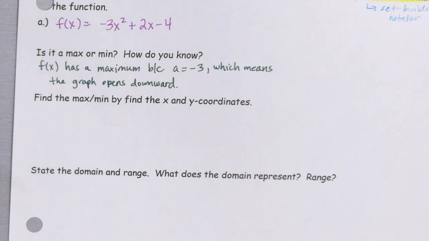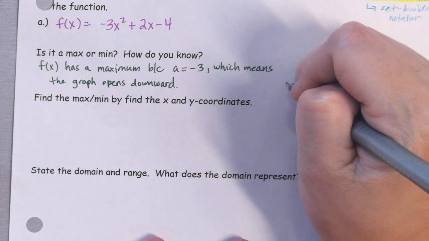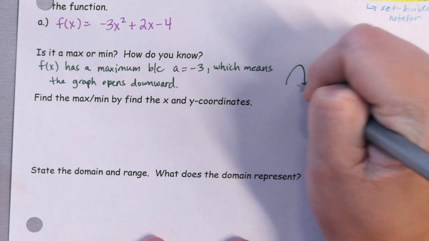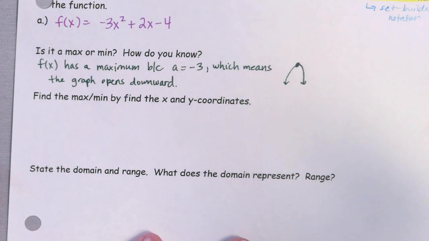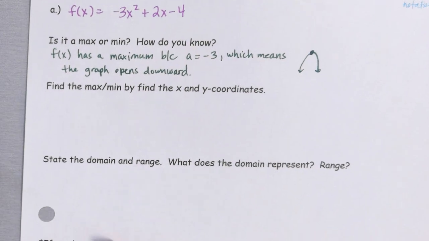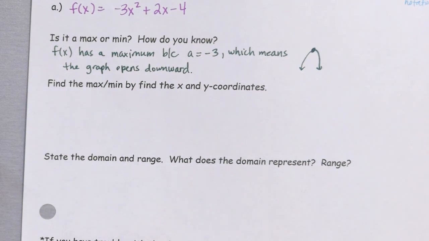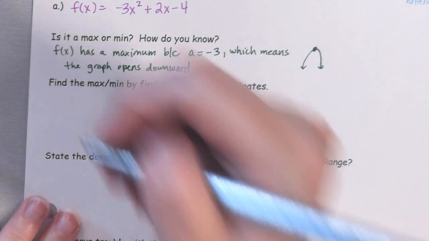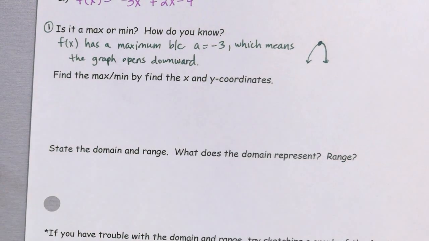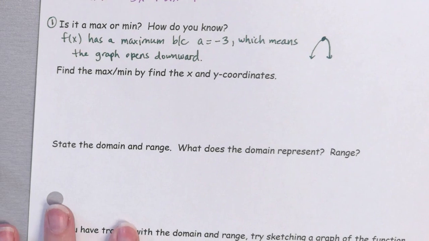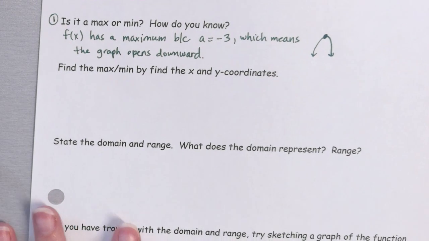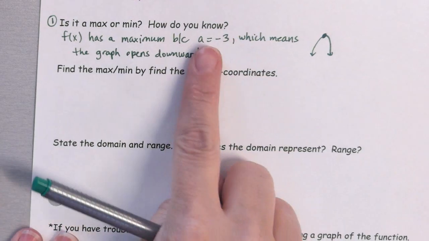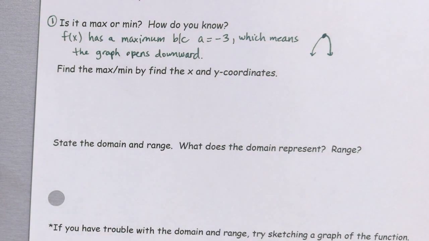And sometimes too, for my own benefit, I'll just draw a rough sketch and I'll say, yep, it's opening down, so I have a maximum. That helps me with my domain and my range. Okay, and that is our first step. Is it a max or a min? How do you know? I am telling you that on your quiz you will have to explain it, so make sure that you can identify the A value and what that tells us about the graph.